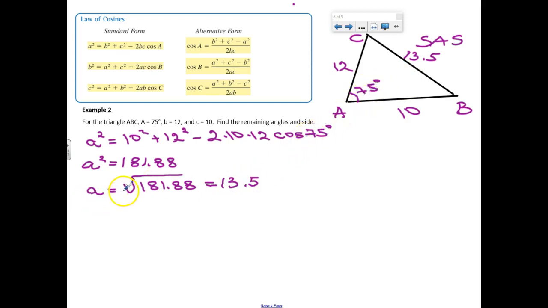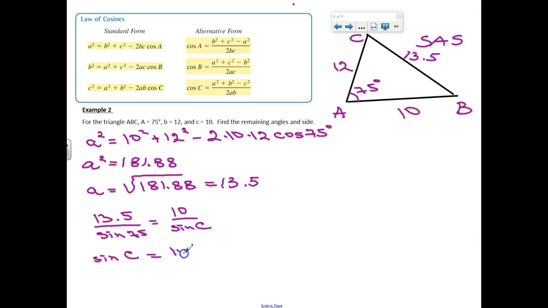So what I would like to do instead is to find angle C. I'm going to use law of sine. 13.5 over the sine of 75 is equal to 10 over the sine of C. When I do this, I can calculate the sine of C by cross multiplying.